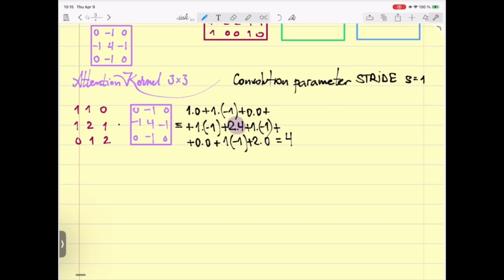So our convoluted red layer is going to have here the first number, 4. Any questions on this? Can you give me a thumbs up or?